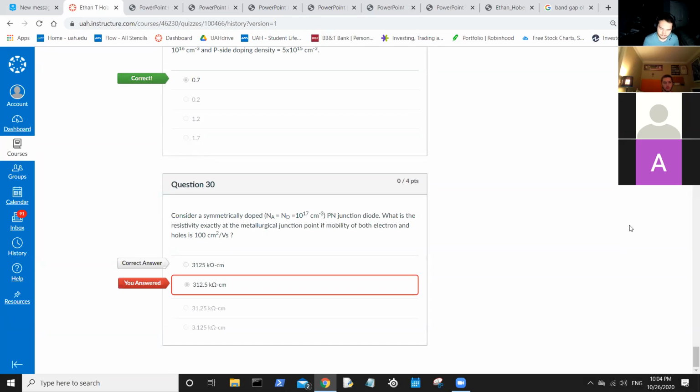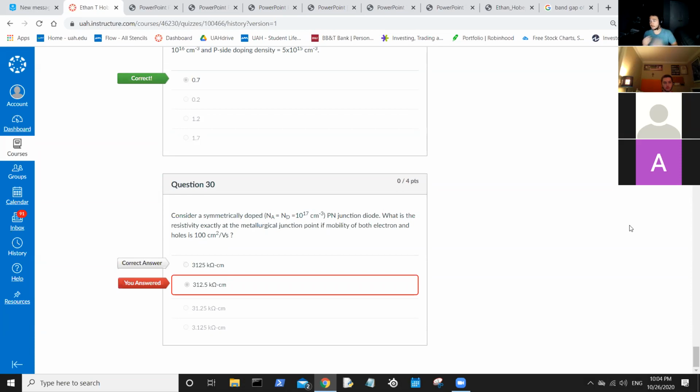So do we not use the doping values here? The NA and the ND? Not at this point. Okay. So if you were finding the resistivity on either side, you would have been right. Because on one side, your NA is 10 to the 17th, and then 10 to the 3rd, right?